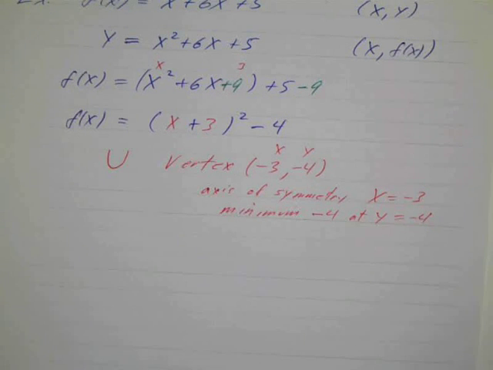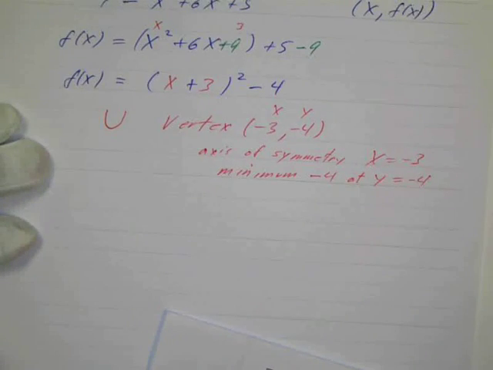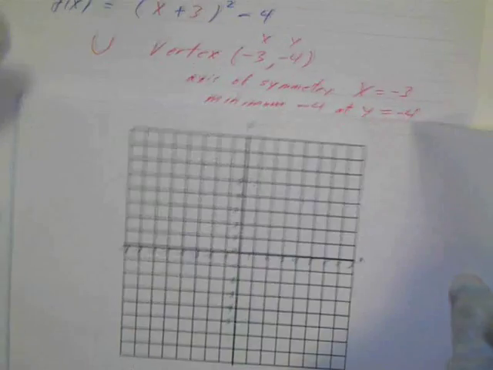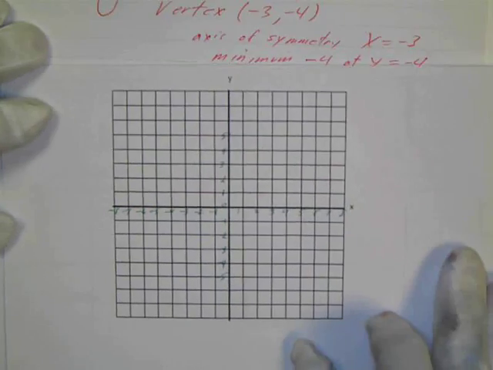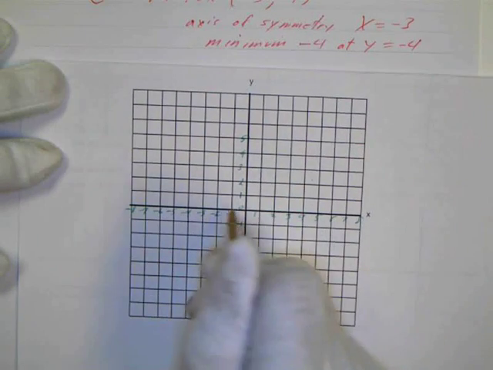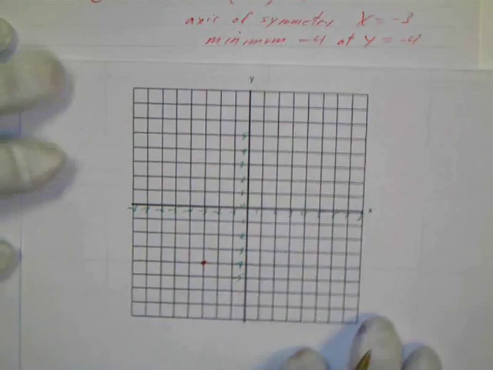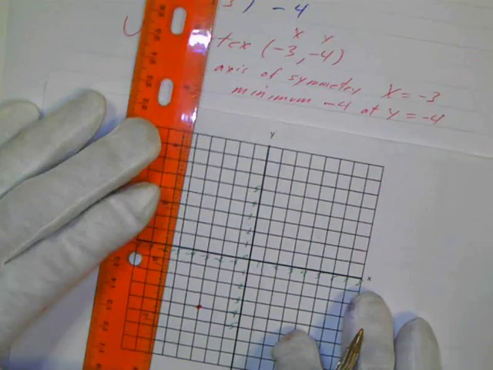Let's take a look at this and graph what we've got so far. We know the vertex is at negative 3, negative 4, so I've made a graph over here. Negative 3, negative 4 is right over here, so there's our vertex. And our axis of symmetry is the line x equals negative 3.